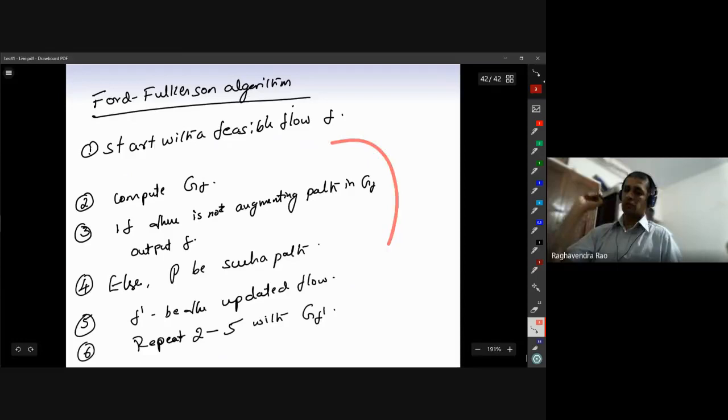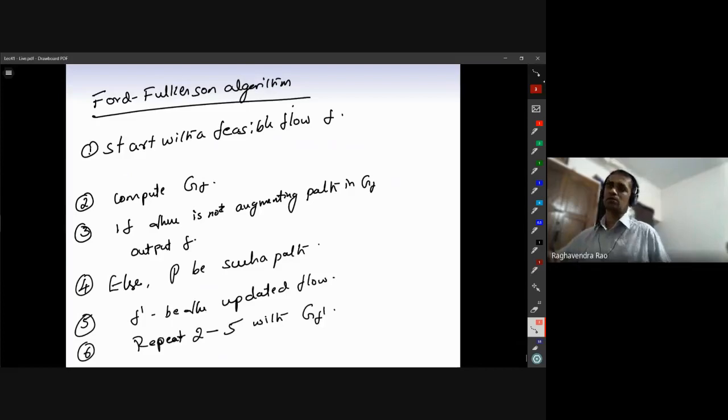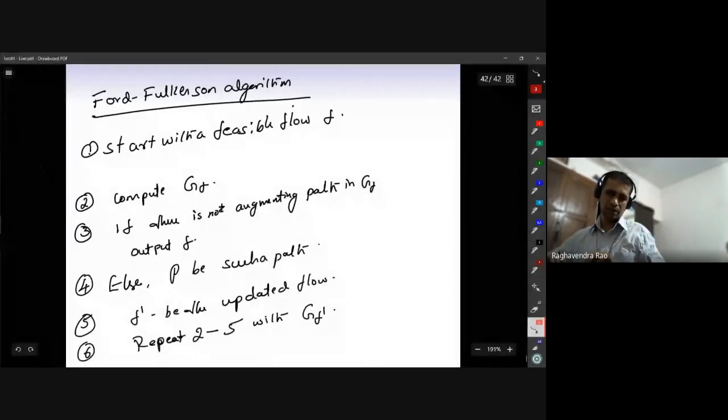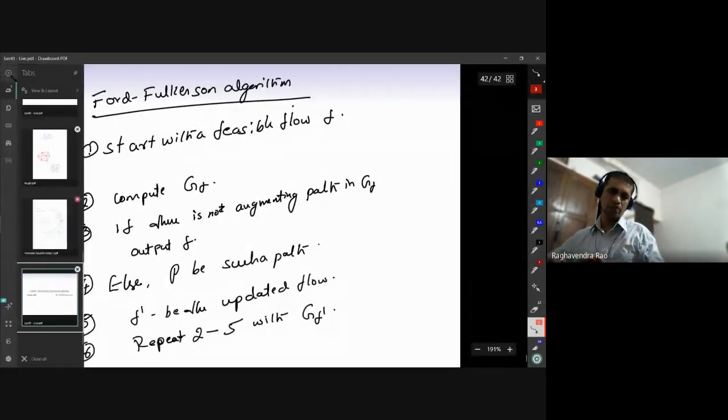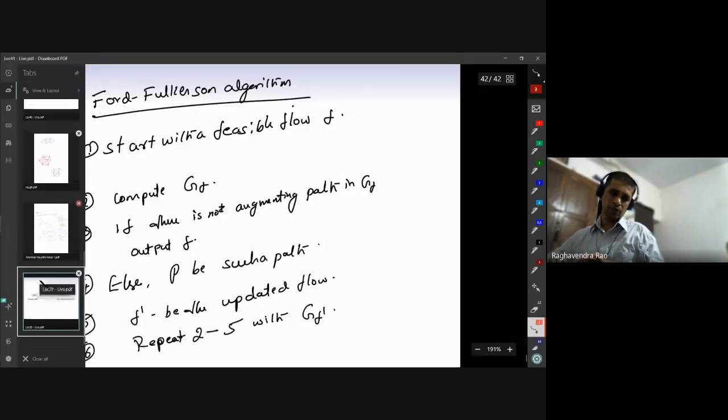Now the trick here is, how do we choose this path? What path are you going to take? This algorithm does not specify, so the complexity can be really, really bad. The worst case complexity, let me see if I have noted it down.